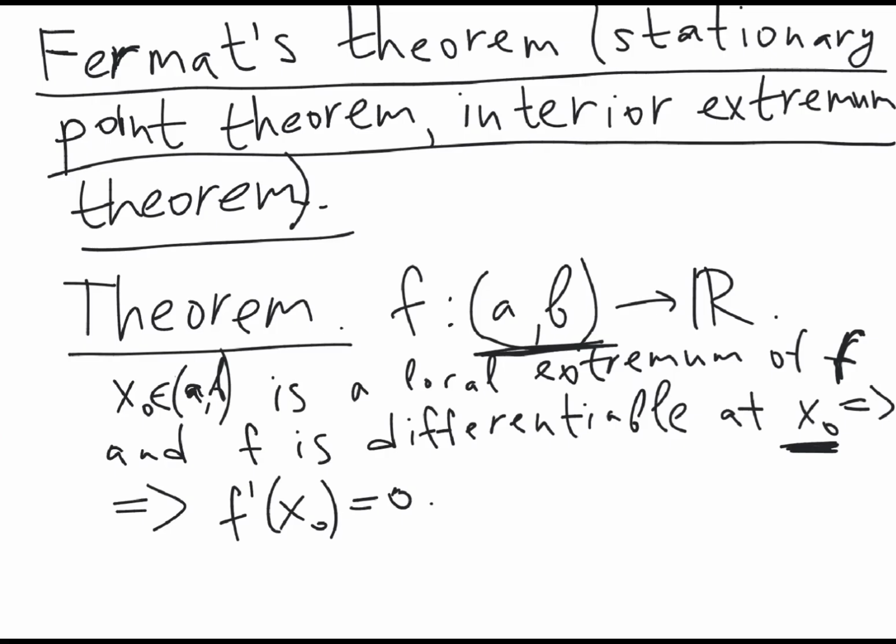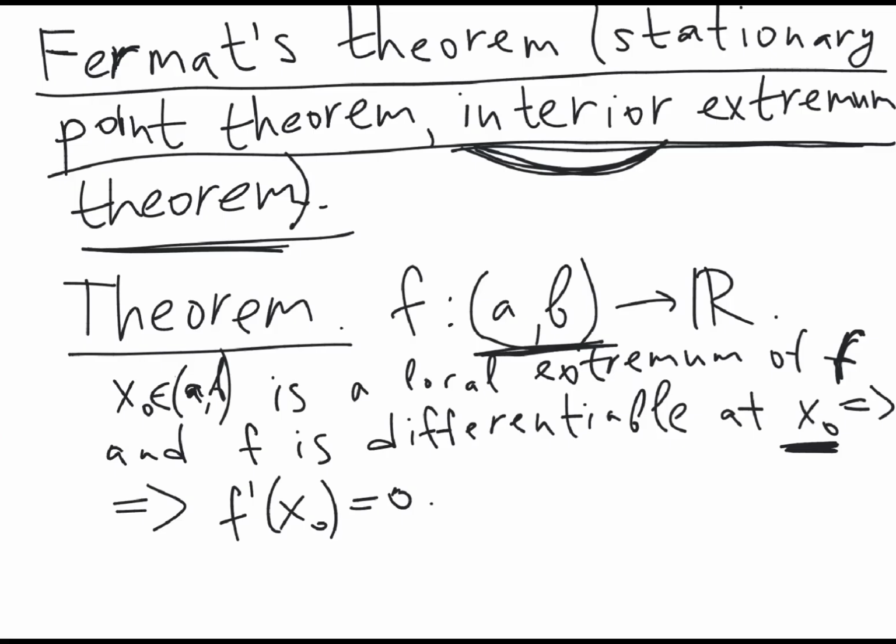So the alternative name of the theorem, interior extremum theorem, actually captures this condition. It is very important that x0 is an interior point. The function has to be defined from both sides of x0, on the left and on the right.